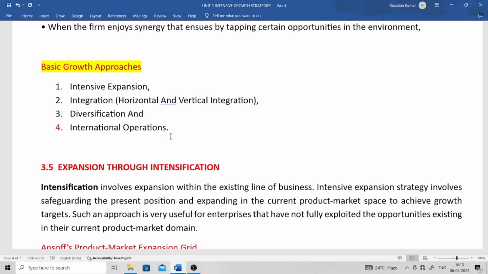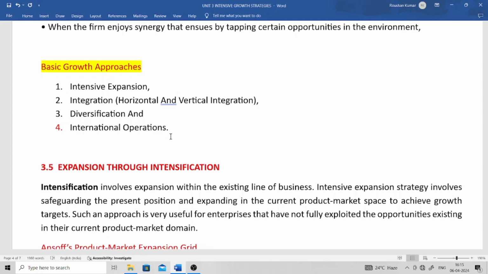Now I'm going to talk about all four one by one. As you can see on your screen, that is intensive, and then after that integration, so we will discuss all four one by one.